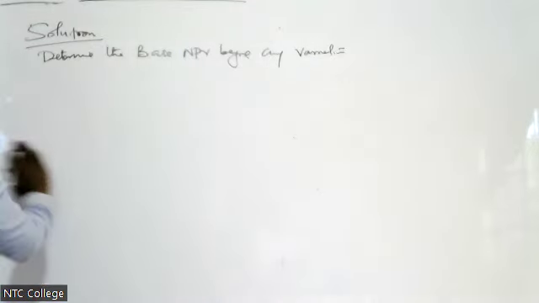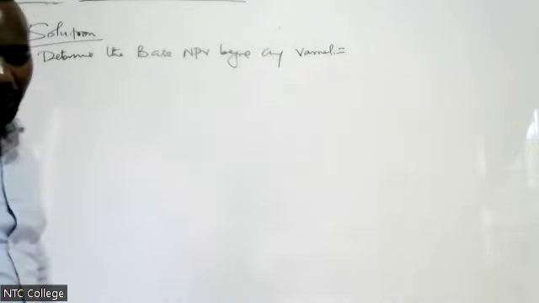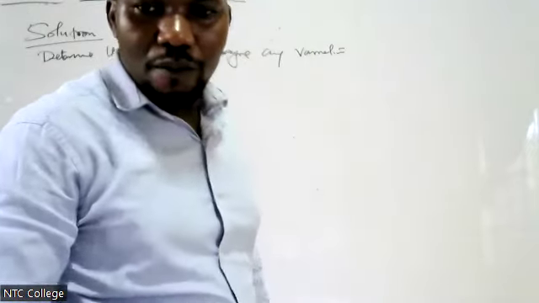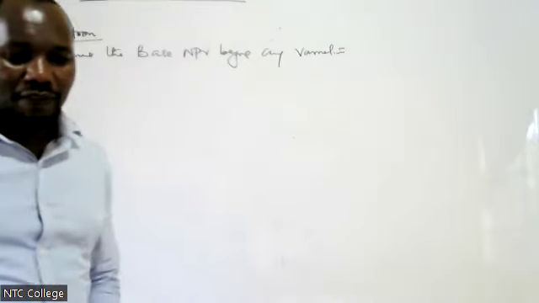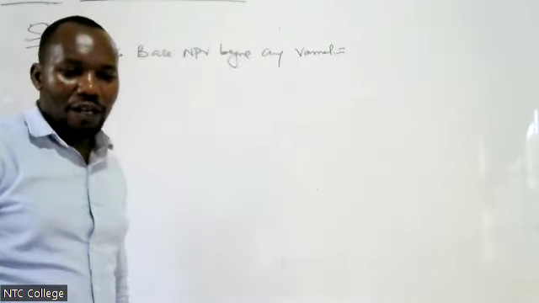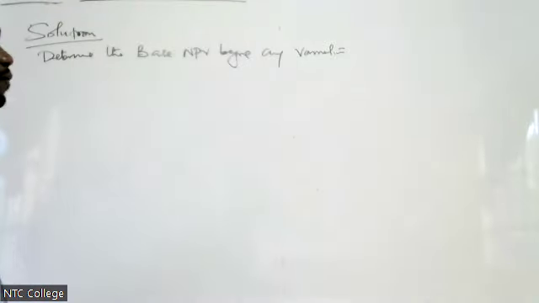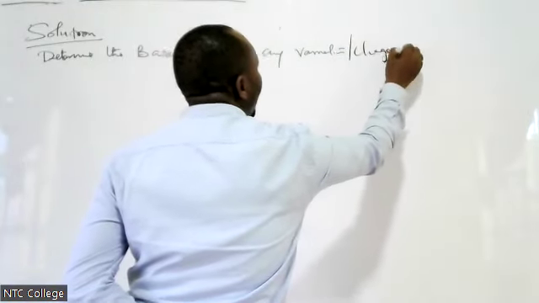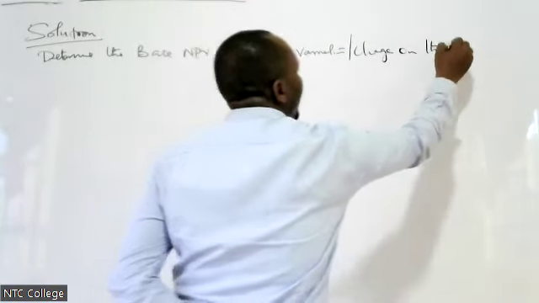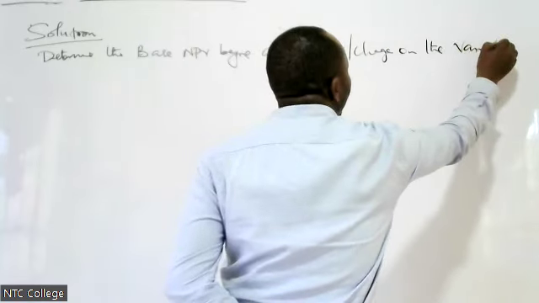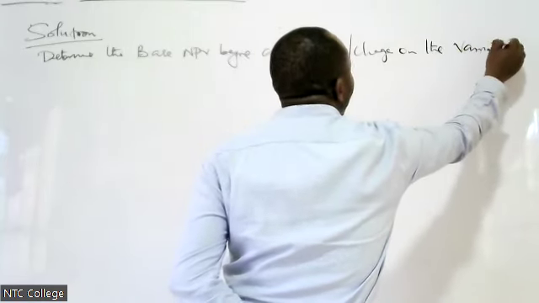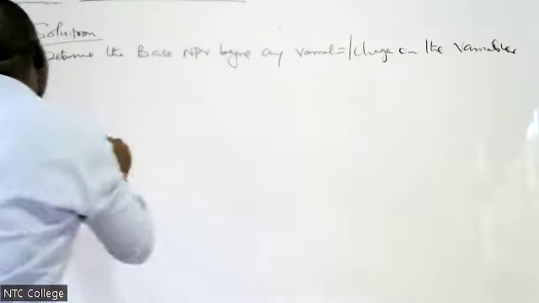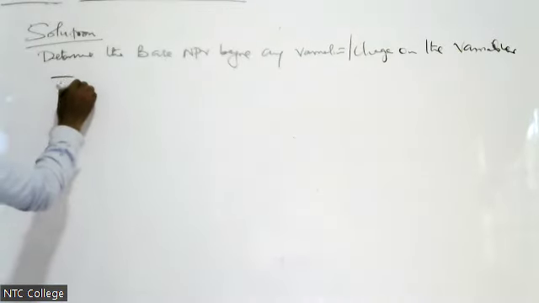So how do we get the base NPV? We need to have our cash flow before any variation or change. Variables are going to change, but before they change, the first thing is to have our original NPV.